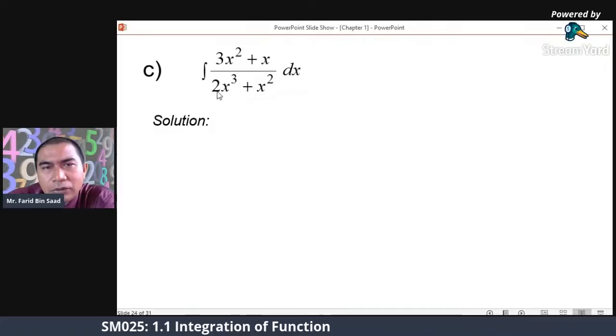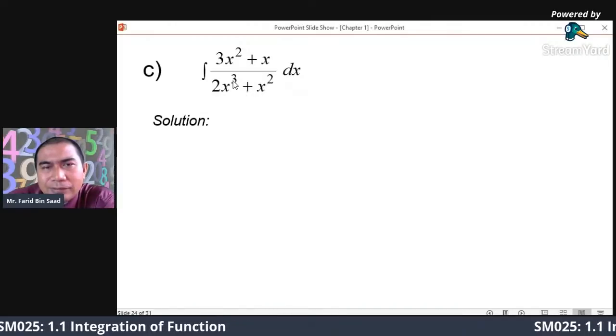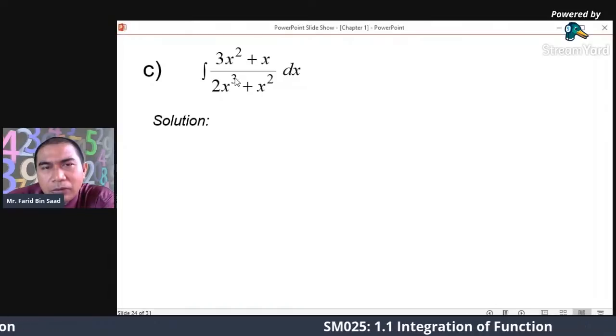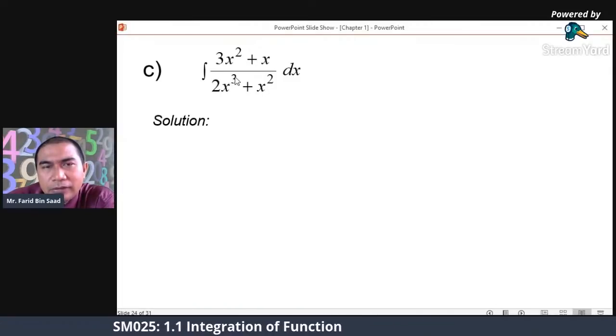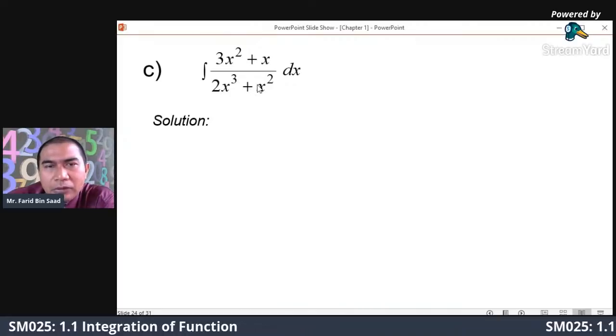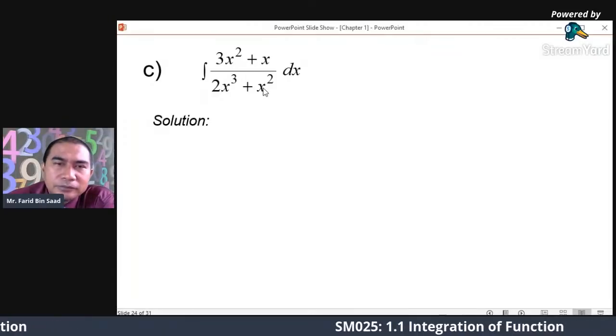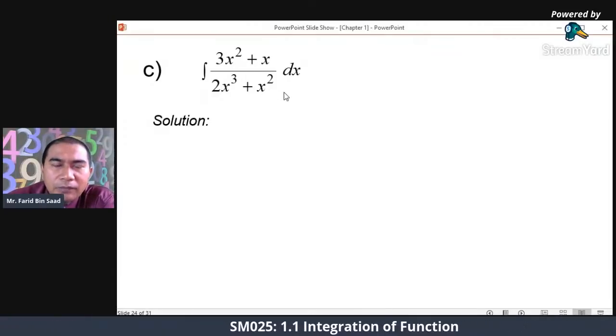If you differentiate this one, what do you get? You get 6x to the power of 2 plus 2x. Okay, that is the f prime.